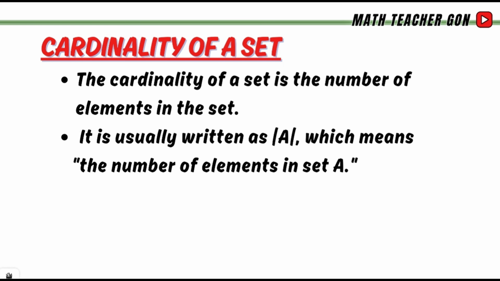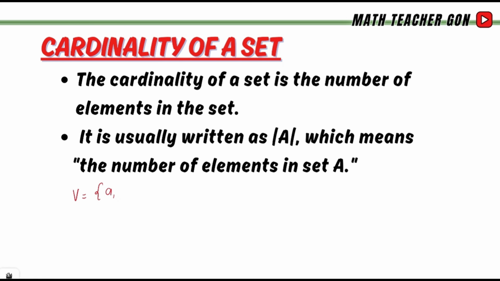The cardinality of a set is the number of elements in the set. It is usually written as this, which means the number of elements in a set. So for example, we have a set of vowels. So what are the vowels?